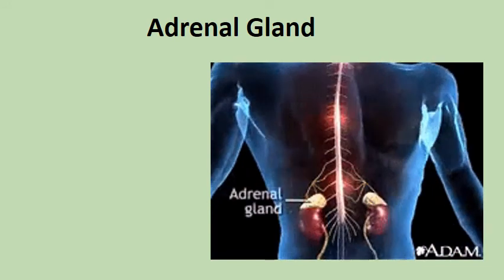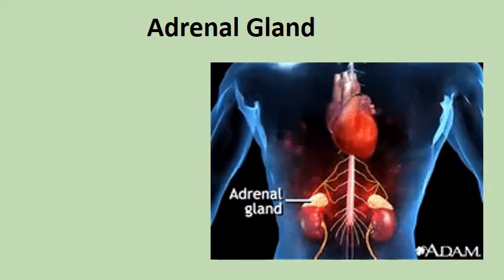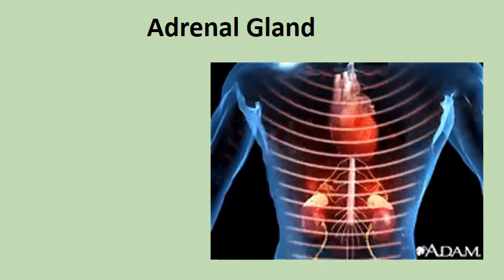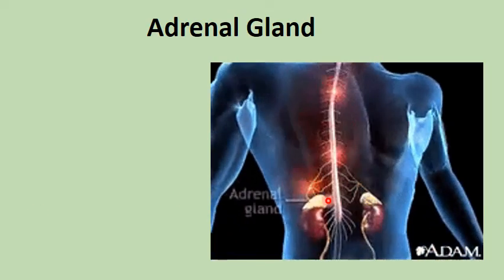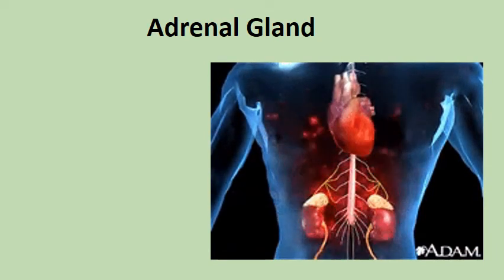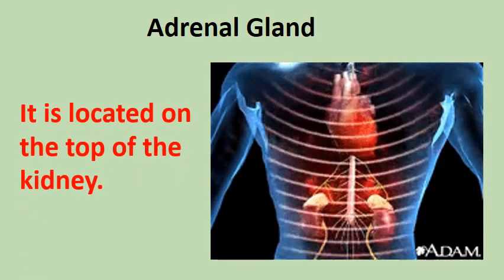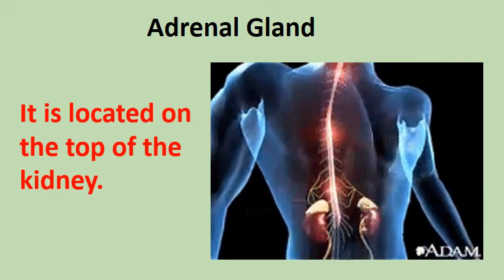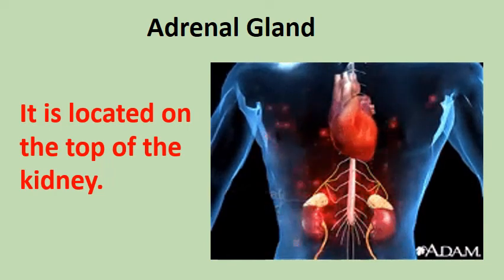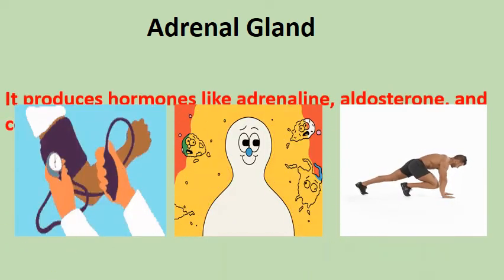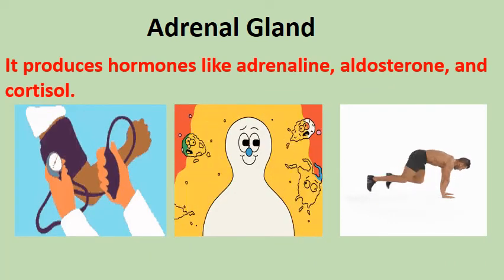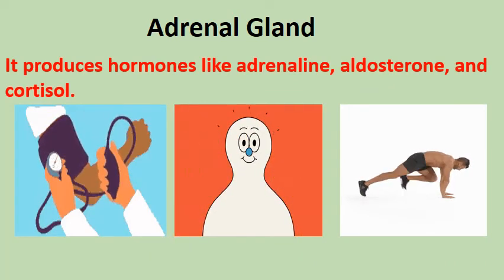Now the adrenal gland. Where are the adrenal glands? As you can see, they are located above the kidneys, on the top of the kidney. This is where we find the adrenal gland. The adrenal gland produces hormones like adrenaline, aldosterone, and cortisol.